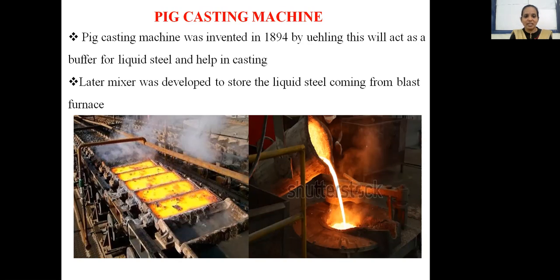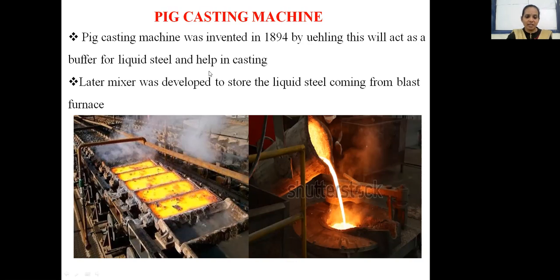It was consuming enough time. So to avoid time consumption, in the year 1894, Mr. Uehling introduced the pig casting machine to mechanize and to expedite the casting operation.